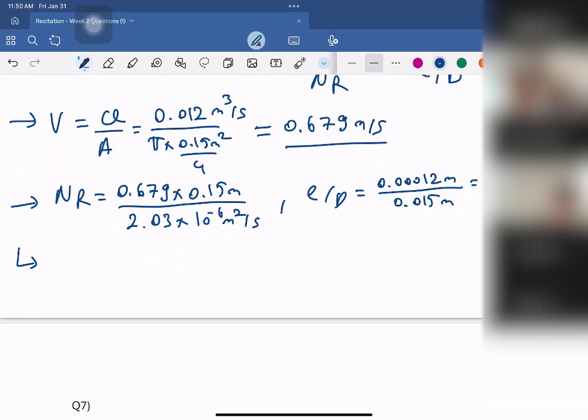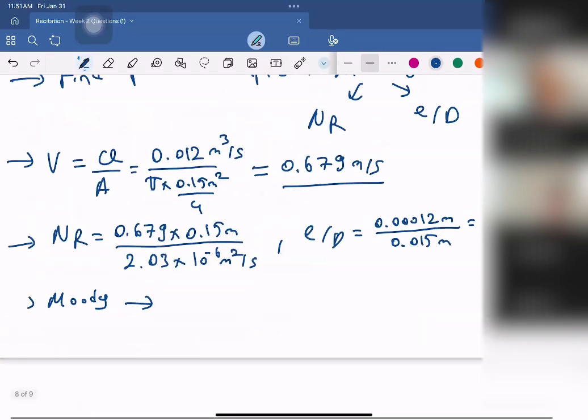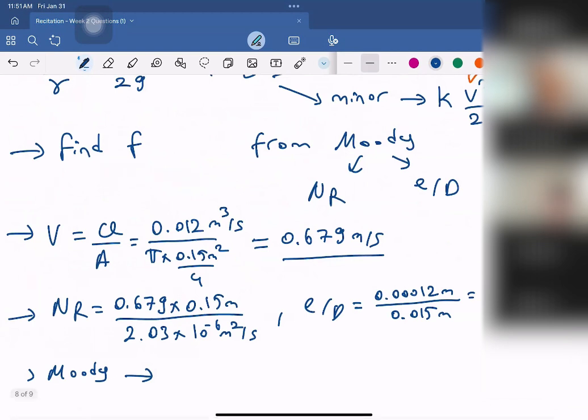And again, we need to revisit the diagram. Wouldn't it be 0.15 again for the diameter in the E over D? Yes. Correct. Thank you. Good catch.